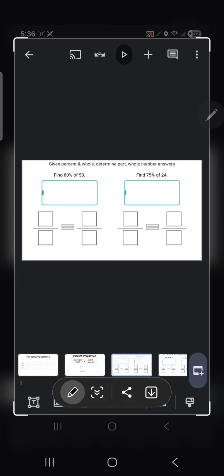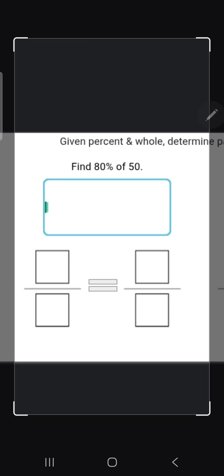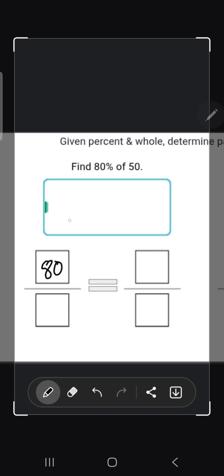So let's take a look at a couple of problems where we're missing the part. If we want to find 80% of 50, first of all, we always have to have the 80% over 100. Non-negotiable. Then, since we're using the word of, 50 is going to be the total. The total always goes on the bottom.